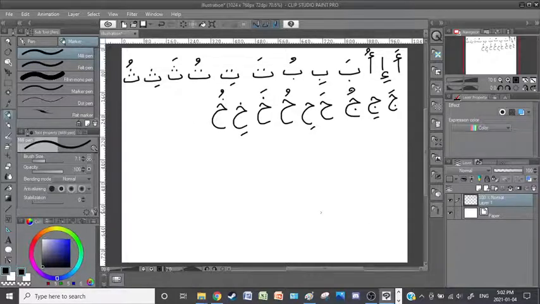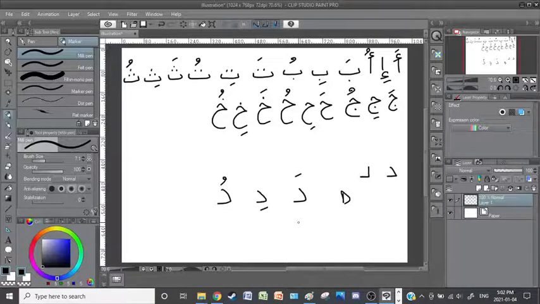Next letter is dal, and as we said, you can write it 90 degrees or with a slant. It is up to you. So dal, dal fatha, dal kasra, dal dhamma, and that is the D sound.